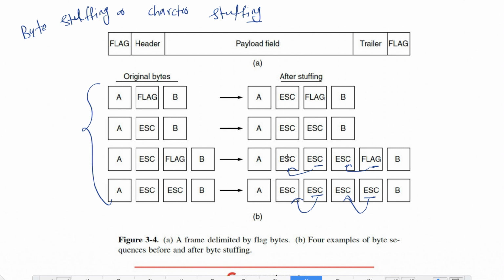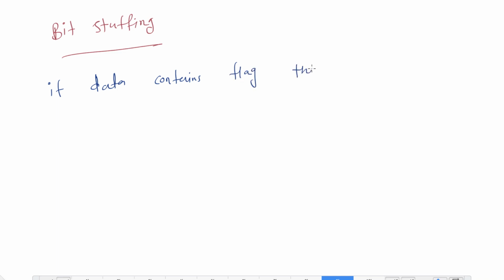So that's why we have another solution, which is called bit stuffing. It says that if your data contains the flag, then only stuff one bit.